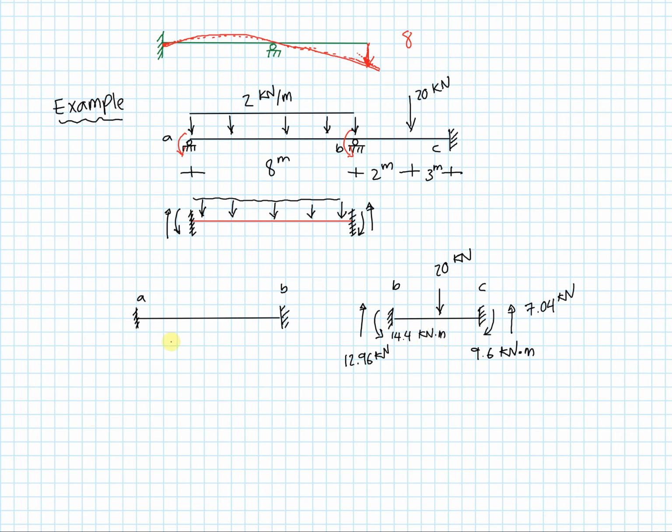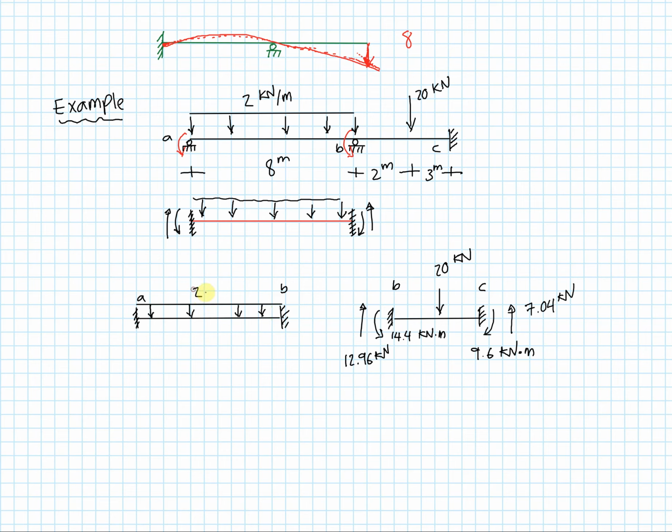Okay, and let's not forget that we have the distributed load on the left component of this two-span beam. So I still have this distributed and uniform load here.